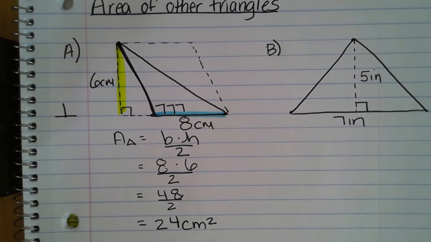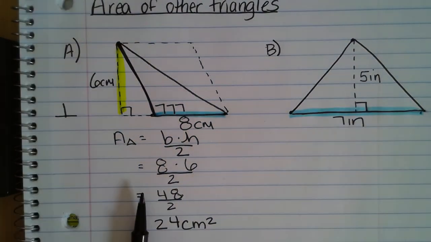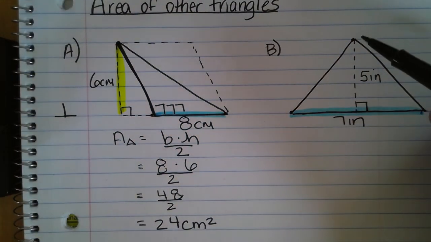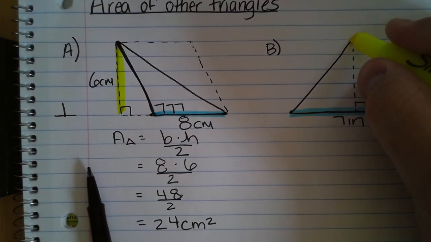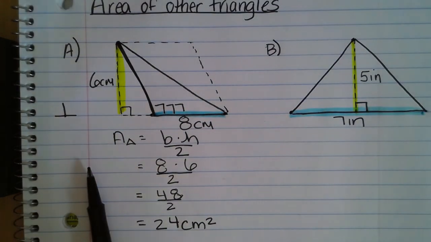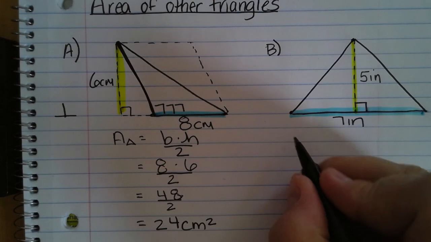Now we're going to go to triangle B. The base on triangle B is 7 inches. So the height again goes from the top of that point on that triangle, and it's the line that forms a perpendicular line. We're going to use that same formula.